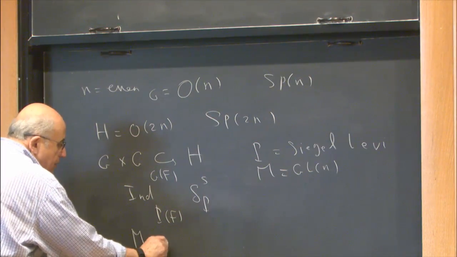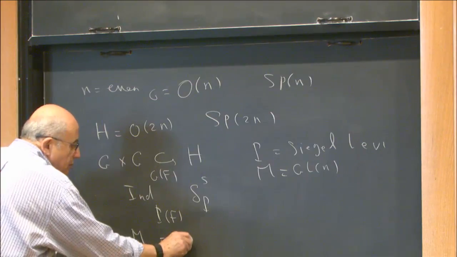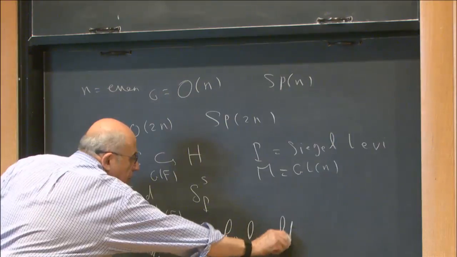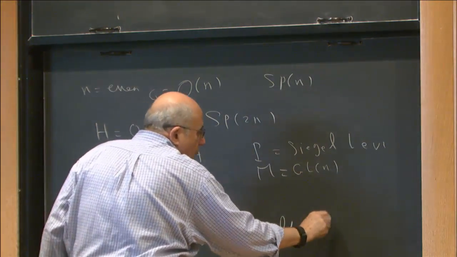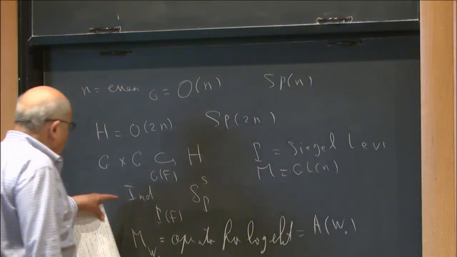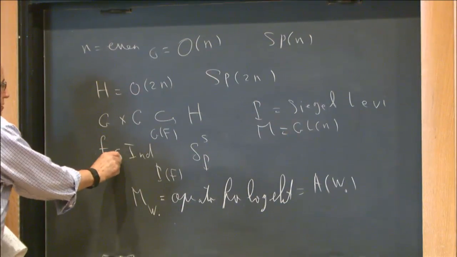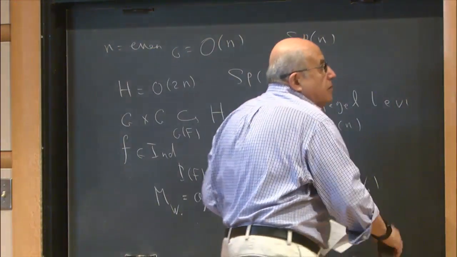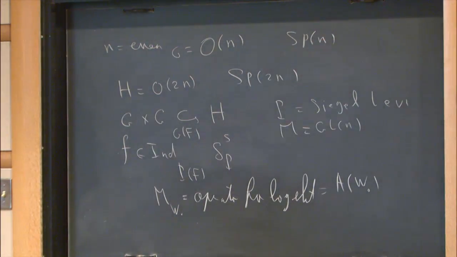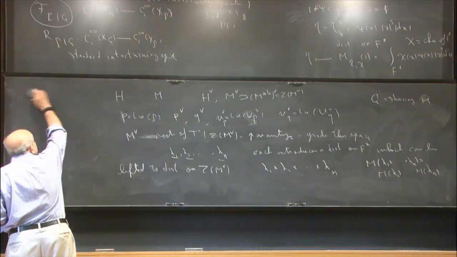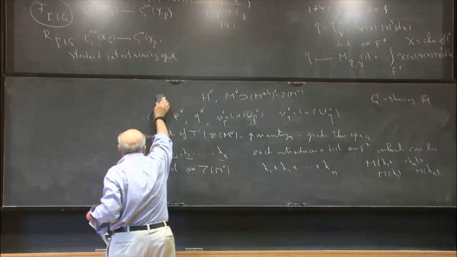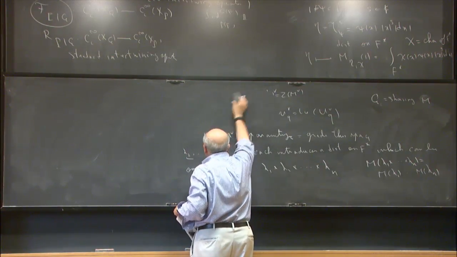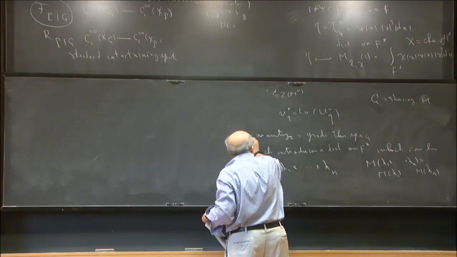M(w_0) is the operator for the long element, so this is just A(w_0). And they act on these functions in this space, which is exactly this space C-infinity that we talked about. They define a local zeta integral, just the same way that Godement and Jacquet did.